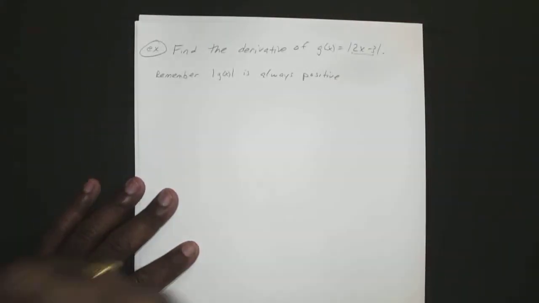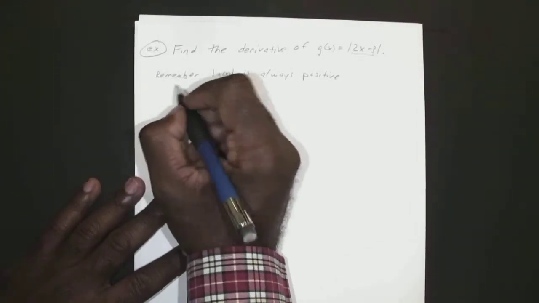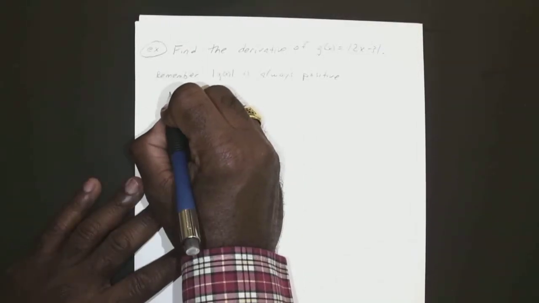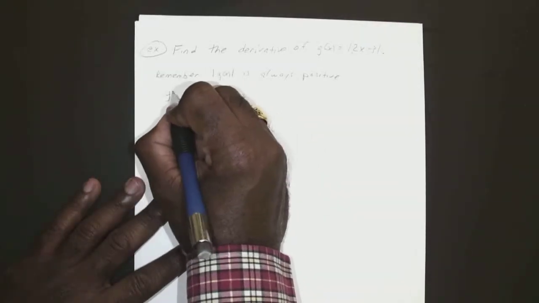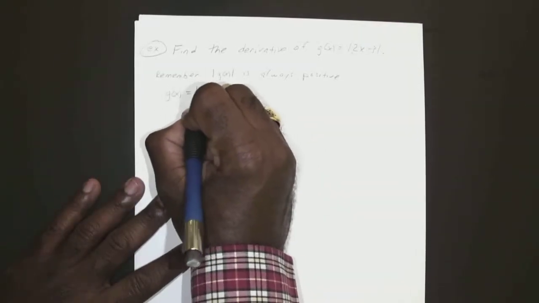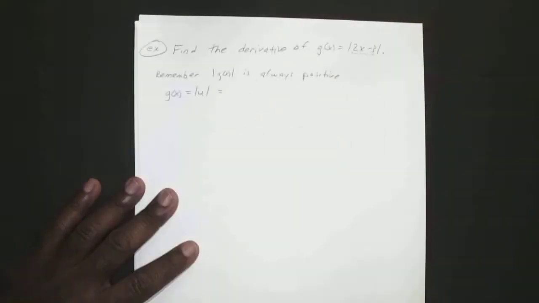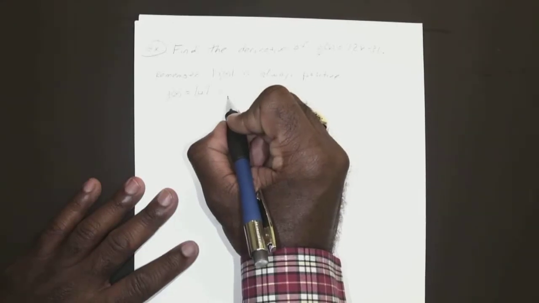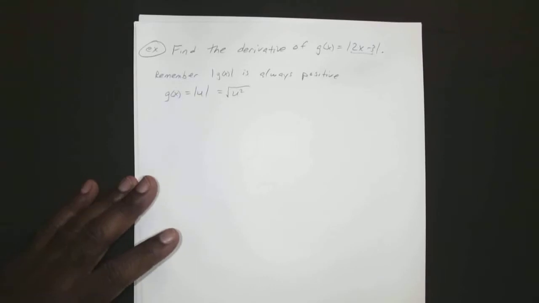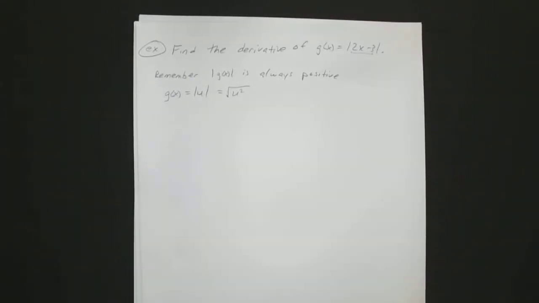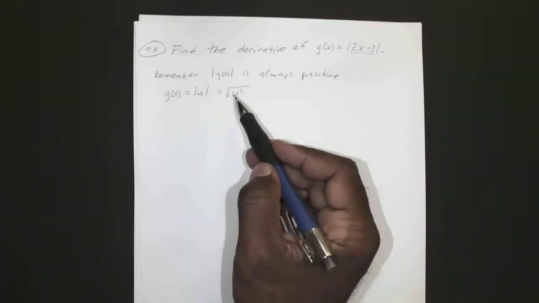So if we make g of x equal u, the absolute value of u, then since it's always positive, we can rewrite it as the square root of u squared. Because remember, the square and the square root will cancel out. You just end up with an absolute value of u, especially since you have an even index.